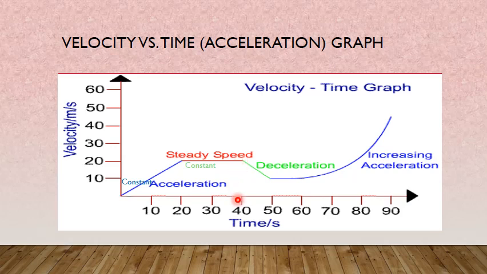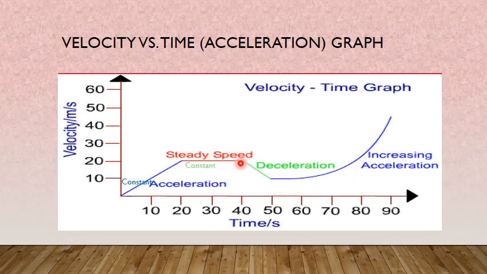Even though time is changed, speed is not changing. That means acceleration is v minus u by t, that is 0, isn't it? V minus u, that means 20 minus 20 is 0. So acceleration is 0. A straight line parallel to the time axis in a velocity time graph means acceleration is 0.